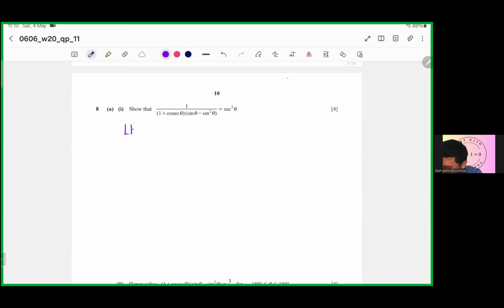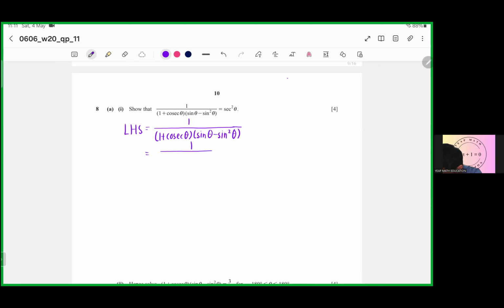So now we can write the left hand side equals 1 over (1 plus cosec theta), sine theta minus sine squared theta.